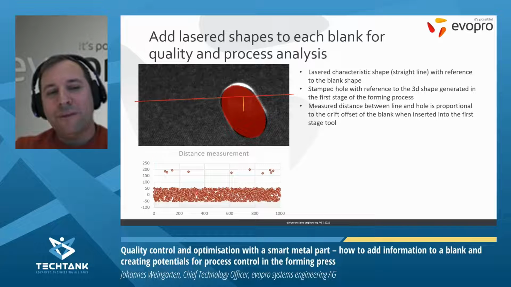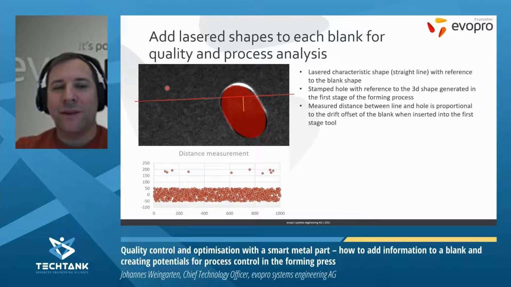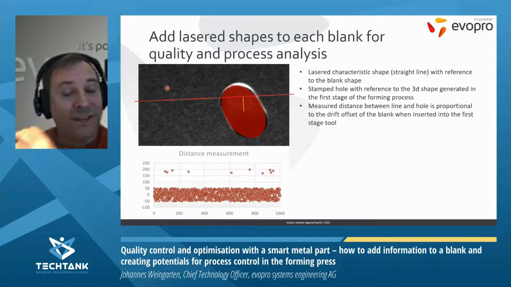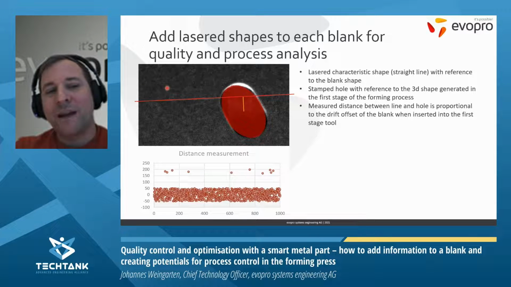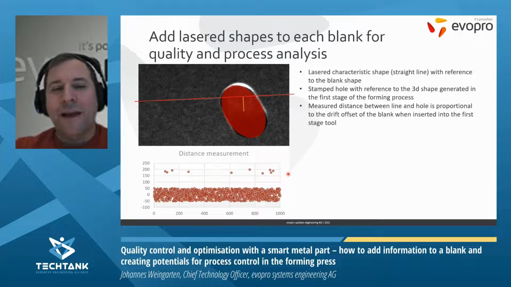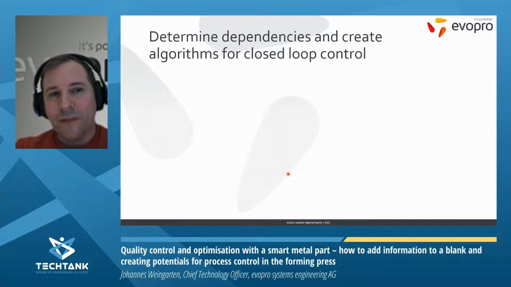You will have the direct result of the drift of the positioning of the blank when it was entering the first push and pull stage, and you have a direct feedback about the quality, because if you think of a displacement, then the blank holder will not work very properly anymore.